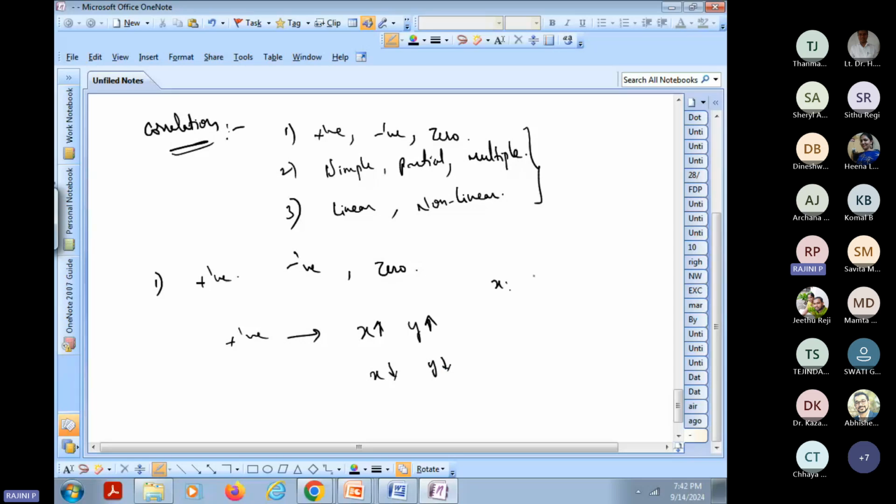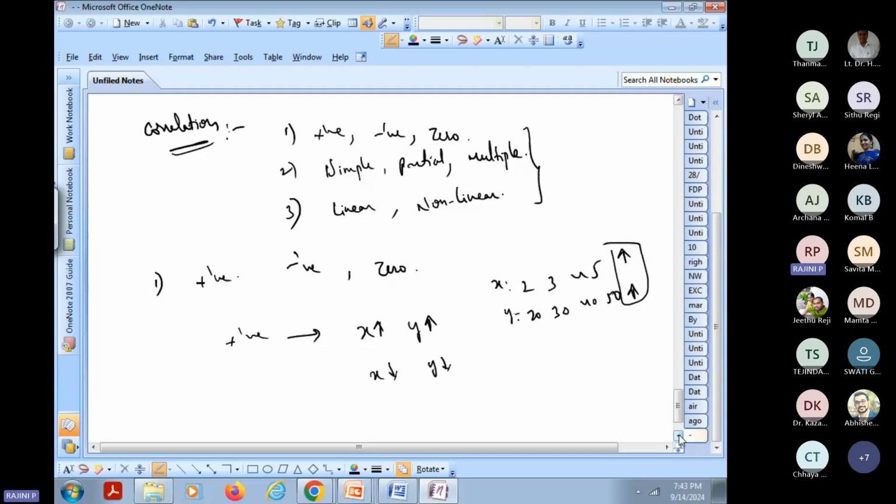For example, x is taking the values 2, 3, 4, 5, and y is taking the values 20, 30, 40, 50. That means x is increasing, y is also increasing. Both the variables are moving in the same direction, so we say that x and y are having positive correlation.